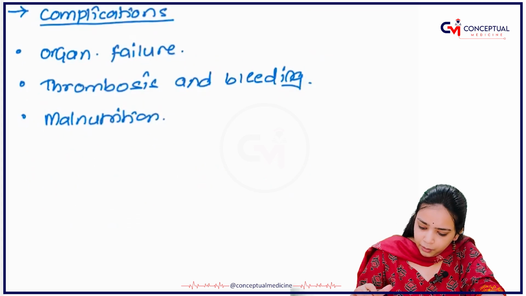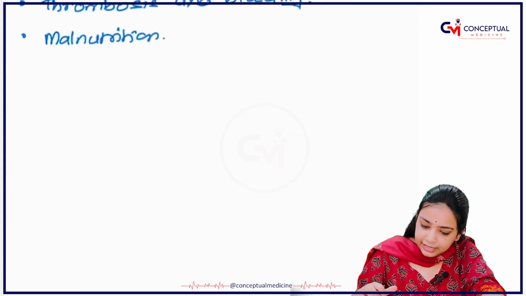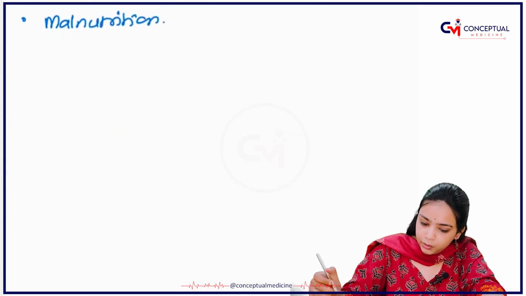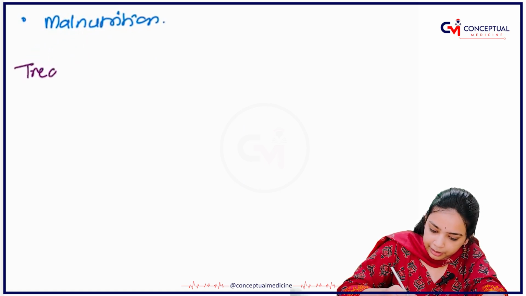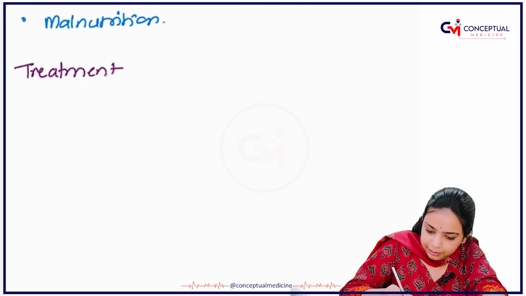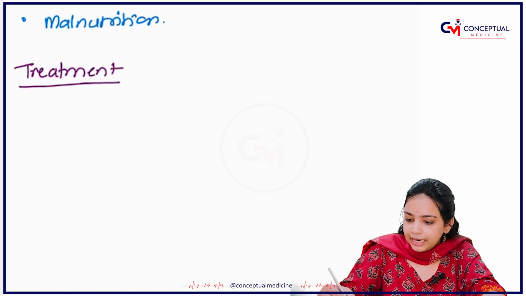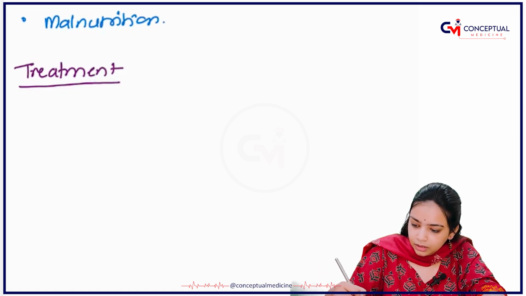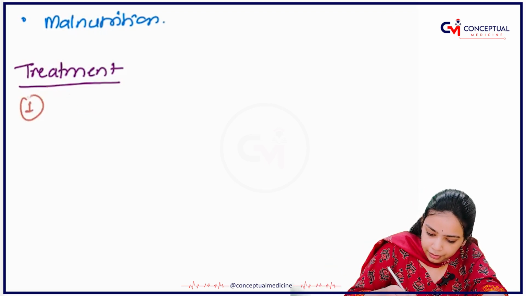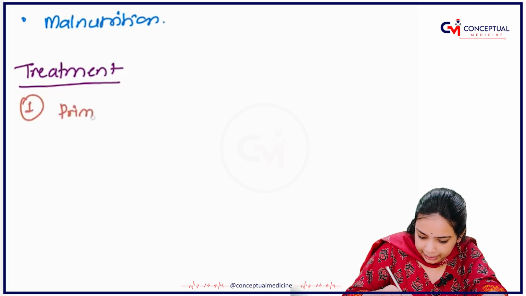What is the treatment that you can give? See, the treatment plan basically depends on the type of amyloid that you are dealing with. The first treatment that you will give is for primary. Let's talk about the primary one first. Primary is of AL type.